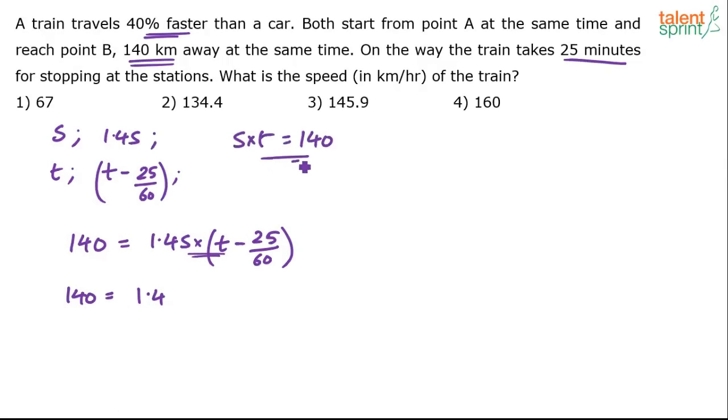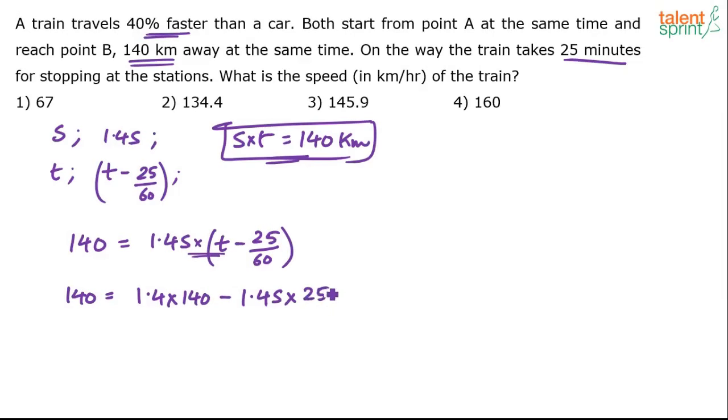S into t: speed of the car into time taken by the car is equal to 140 kilometers, right? The distance is speed into time. So in 1.4 into s into t, that s into t is 140. So 1.4 into 140 minus 1.4 s into 25 by 60. Solve for s, we'll get the answer.